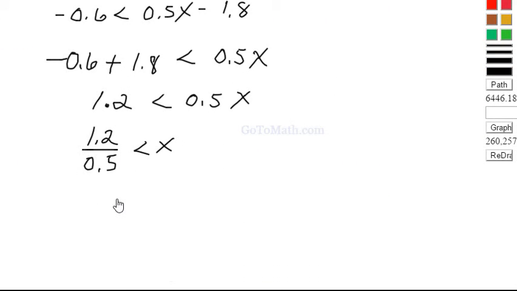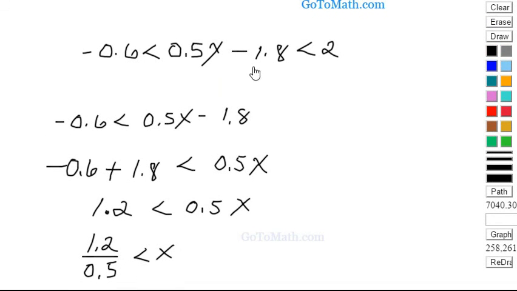Alright, anyway, I could do a lot of things with that, but we'll leave it at that. So x is greater than 2.4. Alright, let's look at this side over here quickly.